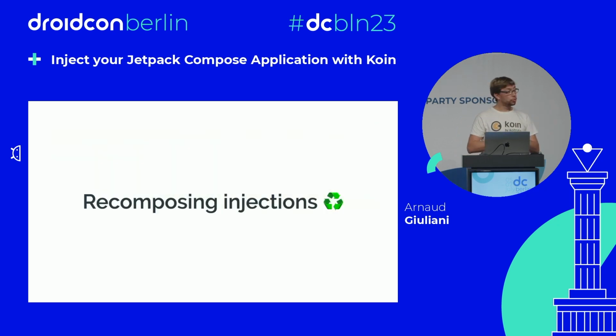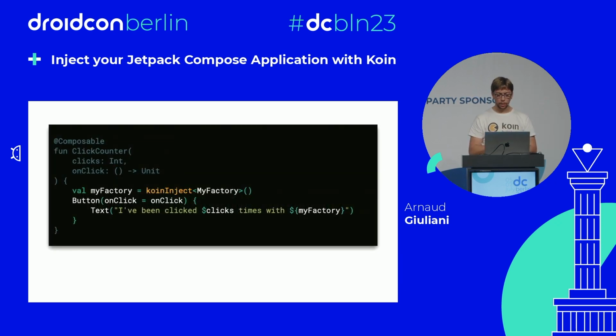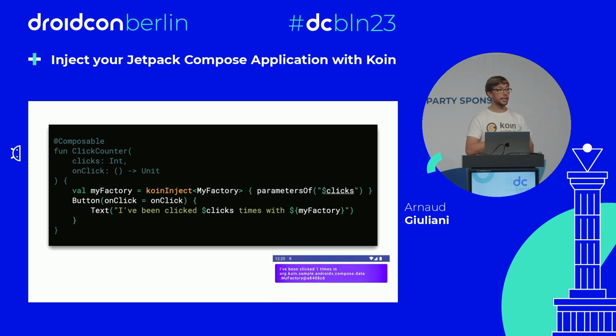If you want to trigger recomposition of your injection, for example, to regenerate an instance of what you have injected before, you have to link your Koin inject usage with a state object, like an input or something related to the state of compose. And then here, for example, we are passing a dynamic parameter to our injection. This is what we have behind the parameters of expression.